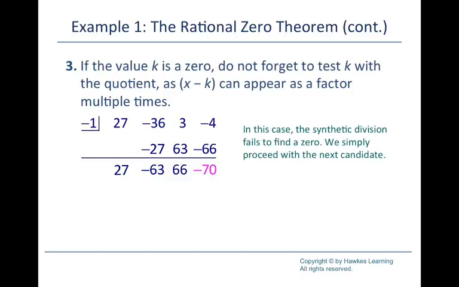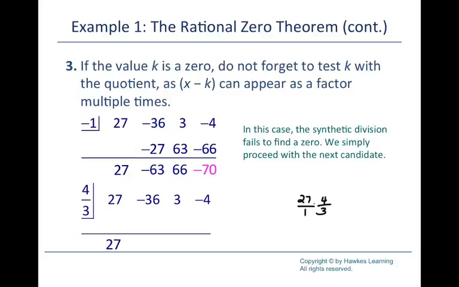So let's try 1. Well, they're going to try 4/3. They must know something I don't know. I would have tried 1 next just randomly, because that was the next easiest one to do. So let's go. Bring down our 27. Now when I multiply 27 times 4/3, to multiply fractions, I can look at canceling.